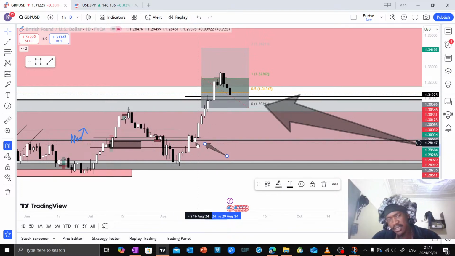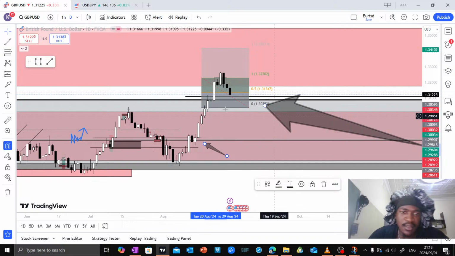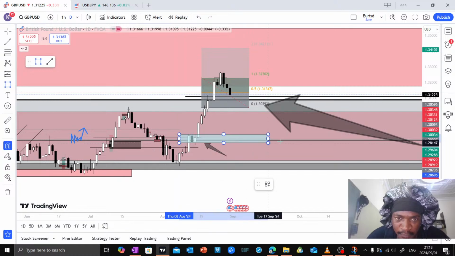So that's the reference. If we're gonna short, we might short if we violate this retracement here, maybe coming to these levels and this fair value gap, and then push to the upside. So this is the low that I wanna mark off.